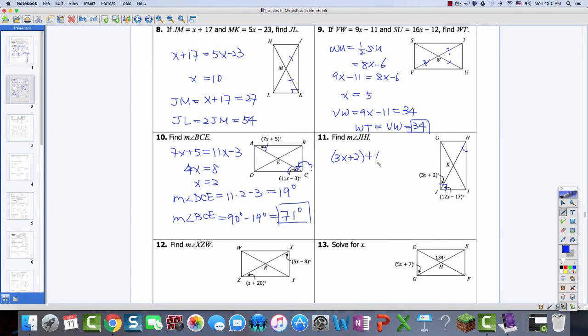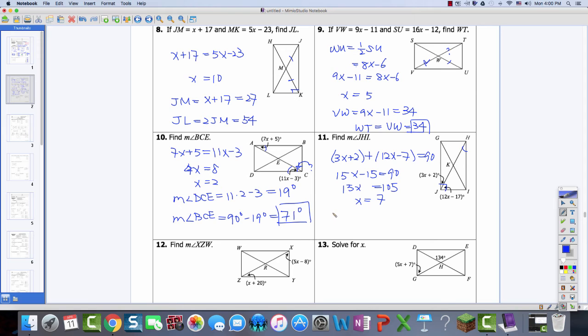So that's what I'm going to do. I add them up together. I should have 90 degrees. If I simplify that, that's 15, I think, right? 90 degrees. And if you do your math, you should have 105. And that gives me x equals 7.